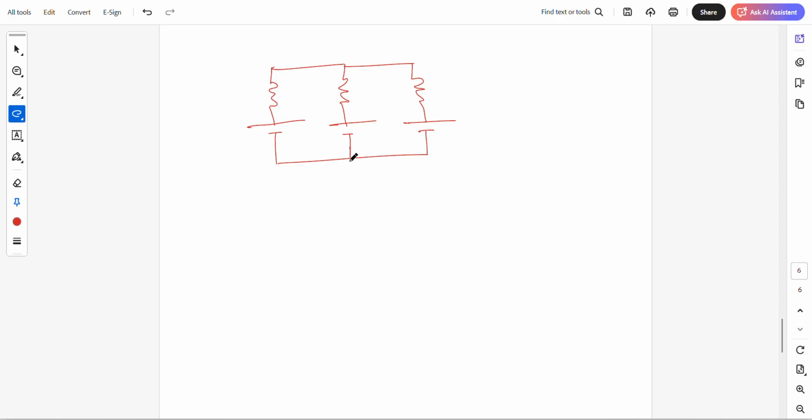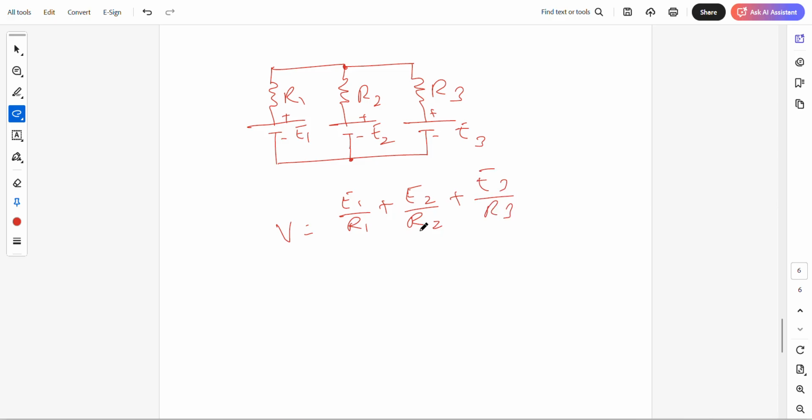Now this is plus minus E1, plus minus E2, plus minus E3. All are in parallel. How to calculate the common potential difference? V is equal to E1 by R1 plus E2 by R2 plus E3 by R3, divided by 1 by R1 plus 1 by R2 plus 1 by R3.